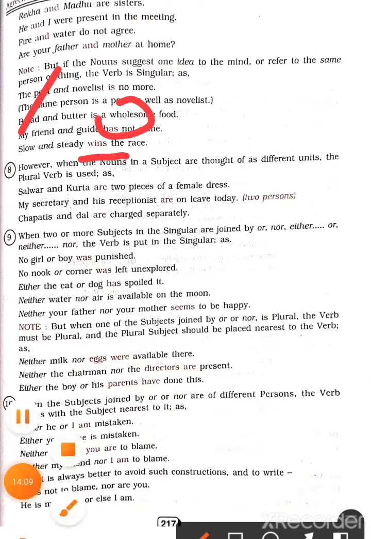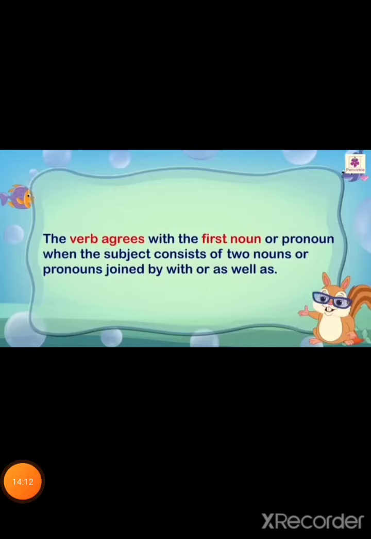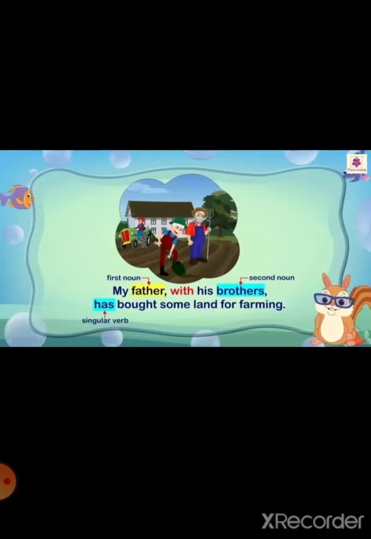Okay, students. Now come to the next point. The verb agrees with the first noun or pronoun when the subject consists of two nouns or pronouns joined by with or as well as. For example, my father with his brothers has bought some land for farming. So if in a sentence there are two nouns, here my father is a noun and brothers is also a noun.